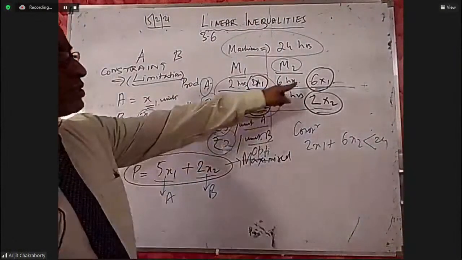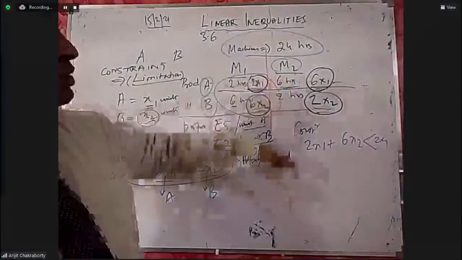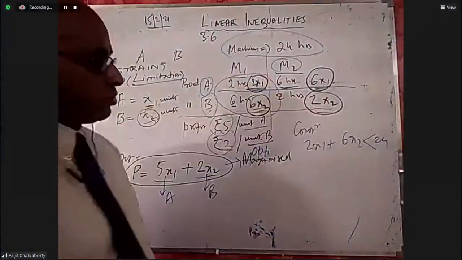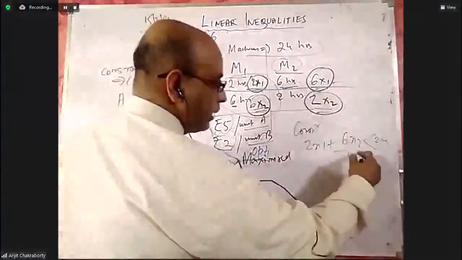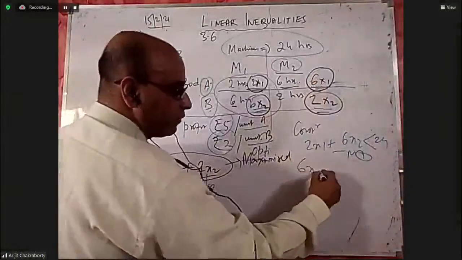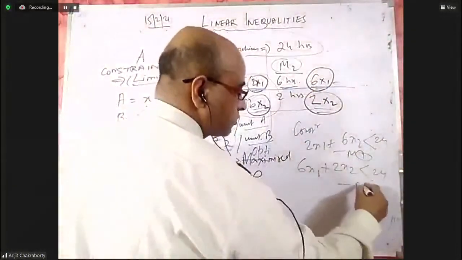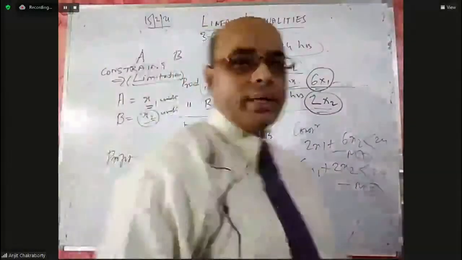Okay. Similarly, this is for machine 1. Please see the total load on machine 2. Machine 2, 6X1 and 2X2. So this is for machine 1, M1. And the constraint for machine 2 is 6X1 plus 2X2 is less than 24. This is for machine 2, right?